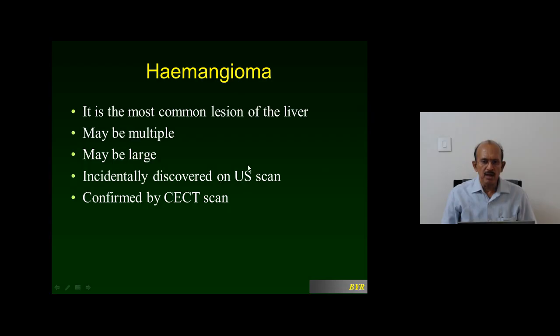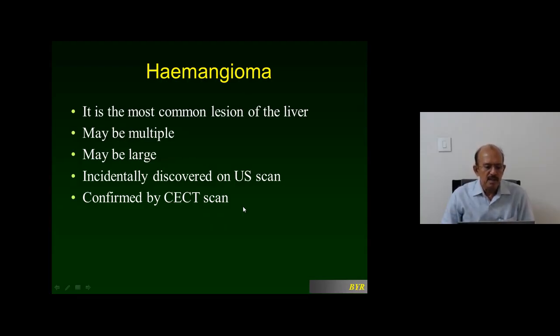Whenever you find it on ultrasound scan, how do you make it out? On ultrasound scan, what do you see if it is hemangioma? You just see it as a solid mass, that means a hypoechoic lesion, because hemangioma contains a lot of blood in its vascular spaces.